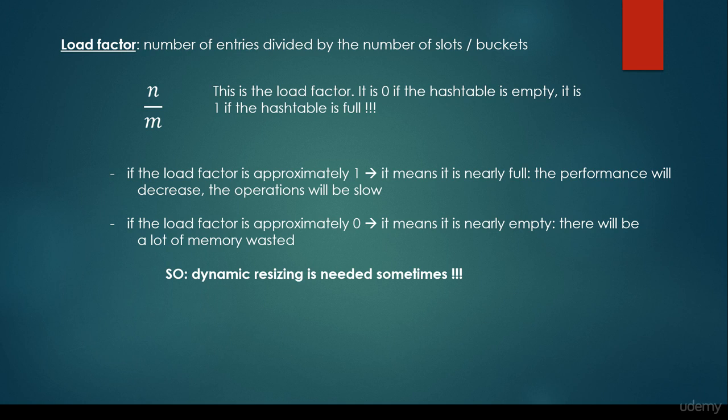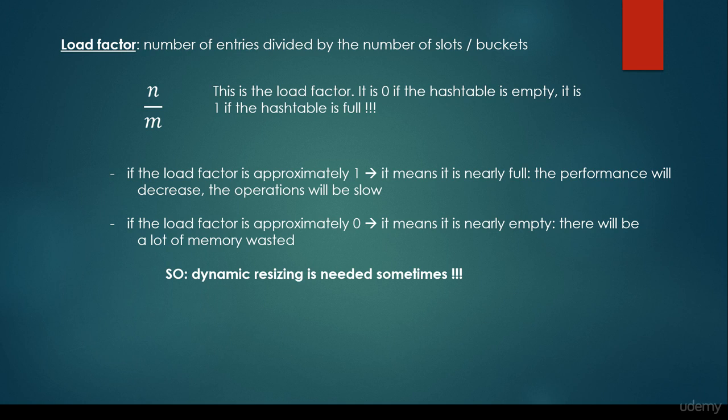And if there's a high probability of collisions, then we have to solve these collisions either with open addressing or with chaining. If we use chaining, then there will be lots of items in the linked list, and the order 1 constant time complexity will be reduced to approximately linear time complexity. If we use, for example, open addressing, then we have to make several rehashing, and that's why the algorithm will be slower. So if the load factor is approximately 1, then the operations will be slower.